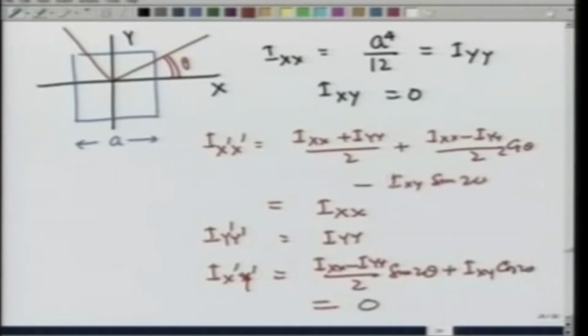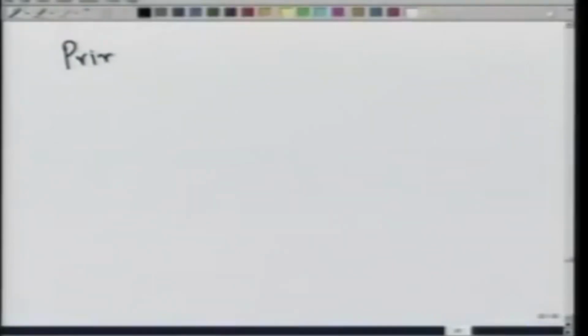This is always going to come out to be 0 no matter how much you rotate the axis by. So for a square about any set of axes, Ix prime is always equal to a raised to 4 divided by 12, Iy prime is always equal to a raised to 4 divided by 12, and Ix prime y prime is always 0. Having given these two examples, I use these transformations to define something called the principal set of axes.